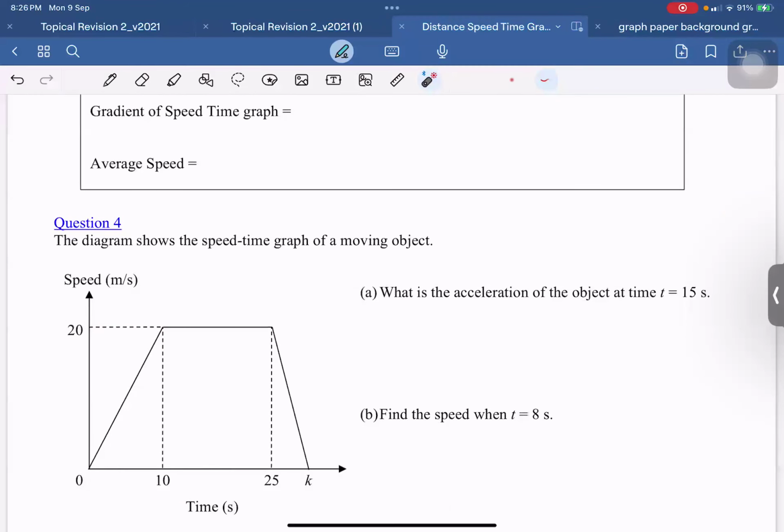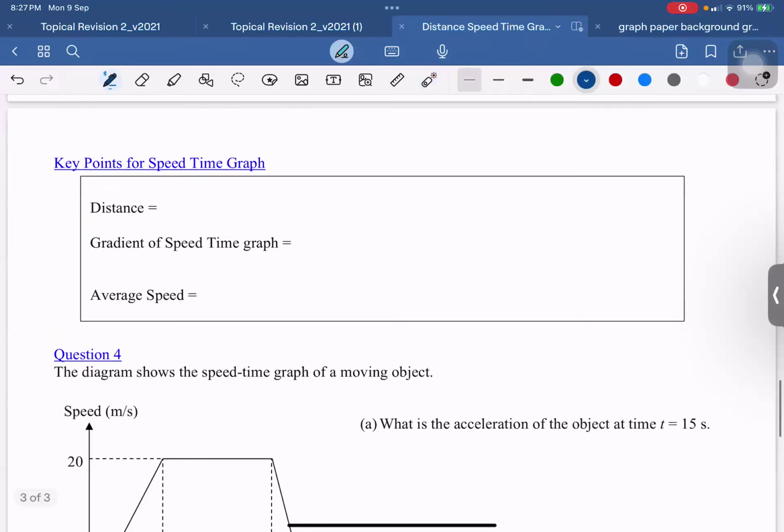Or is it sometimes a different speed for this portion? Sometimes a different speed. Correct. So if I just take speed times time, 20 times 10, it will become a full rectangle. But no, I only travel half of the rectangle. So what I need to do when I want to find distance is actually the area under the speed time graph.